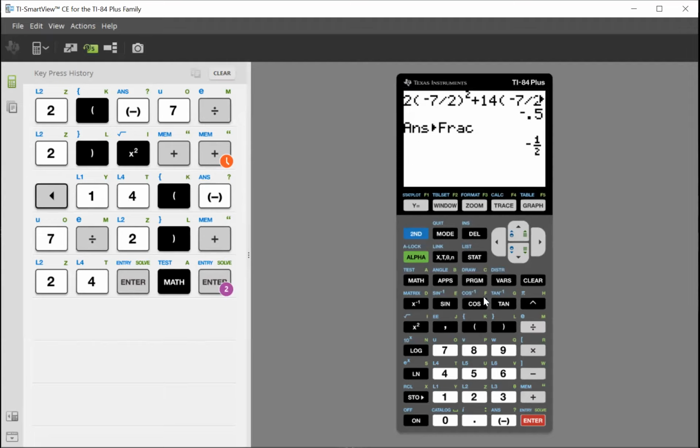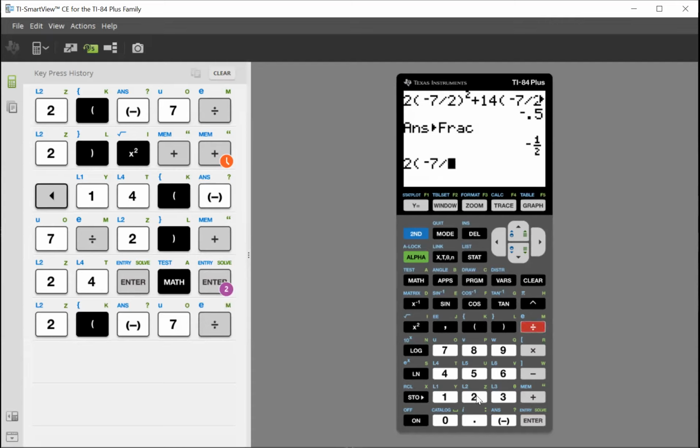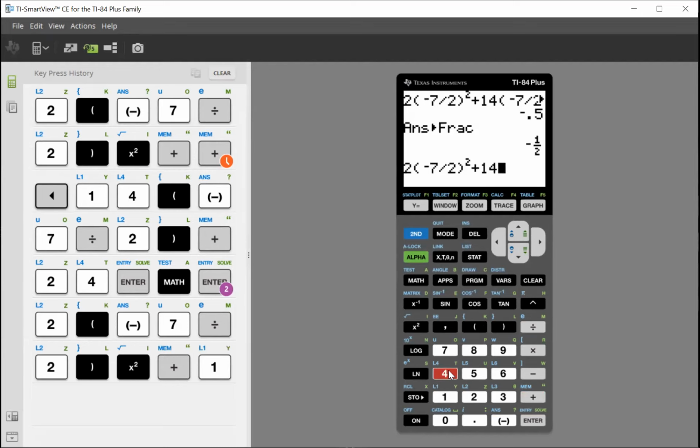So let's put this in again, okay? So we're going to put in our 2, and then I'm going to use parentheses and put in my negative 7/2. So that'd be negative 7 divided by 2. I think it might have been a sign on what you was doing. All right, close parentheses and square that. Then we had plus our 14 parentheses negative 7/2.